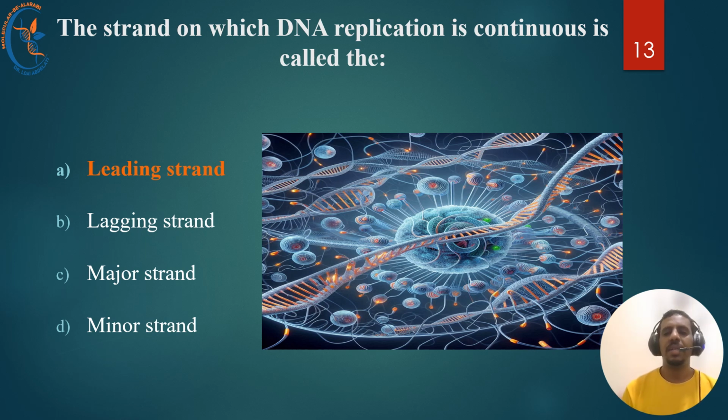As we know, the leading strand is synthesized in the 5' to 3' direction following the replication fork as it unwinds. In contrast, the lagging strand is synthesized discontinuously in short fragments called Okazaki fragments, which are later joined.